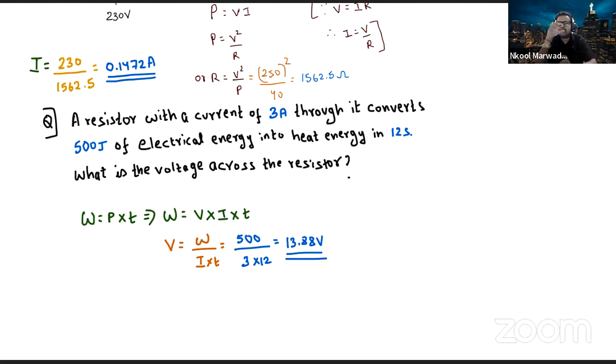You have to write all that is given. Then write the formula: work done is equal to power into time. So it should be a good solution which you present. Then you will get full marks. If you just do this, they might cut marks, because it is a subjective paper.